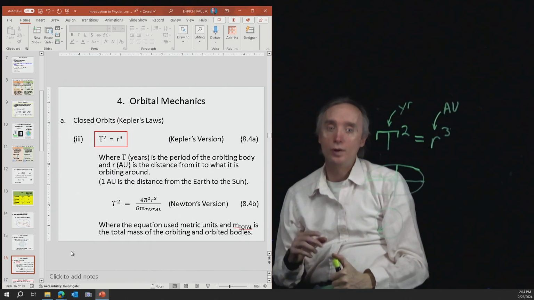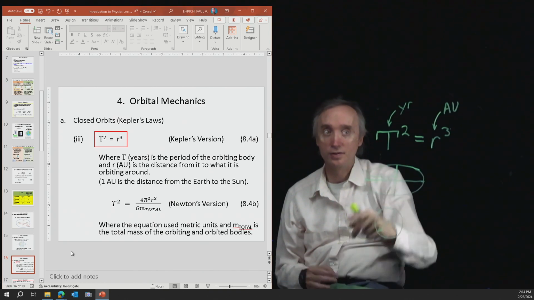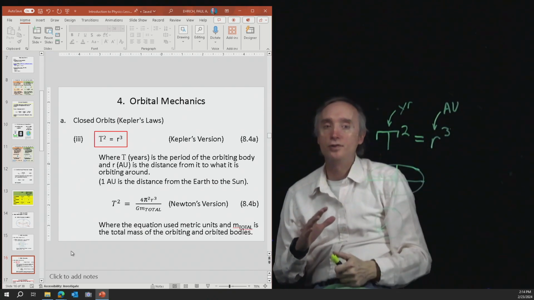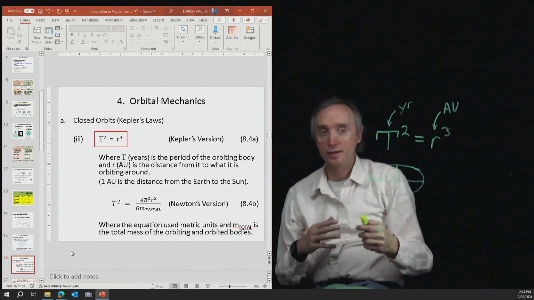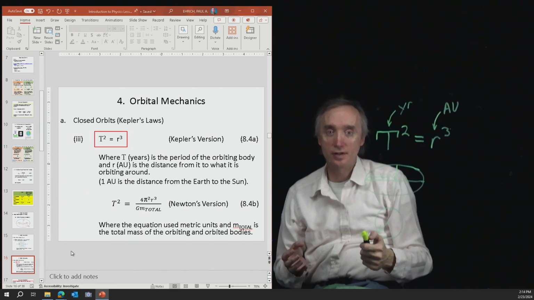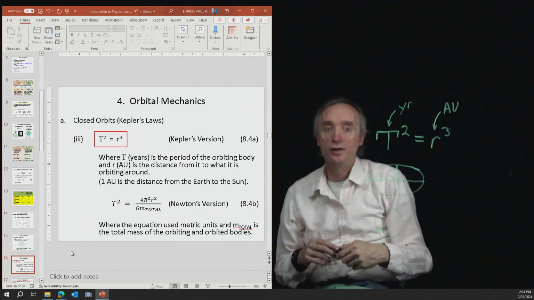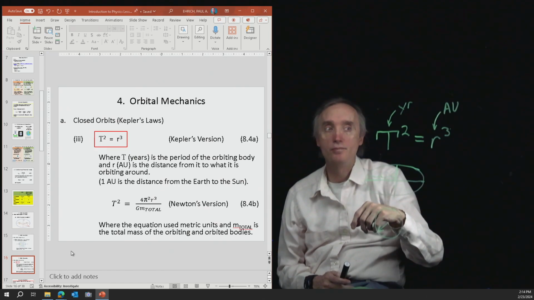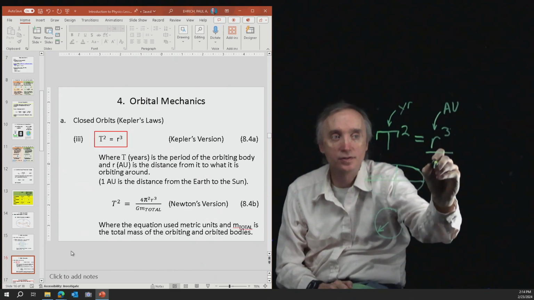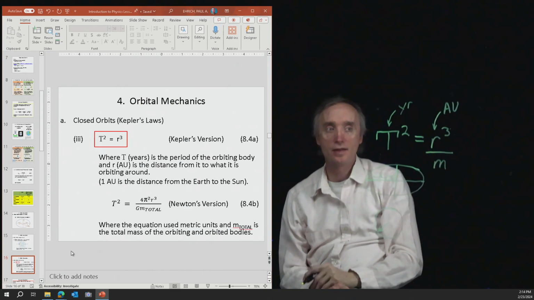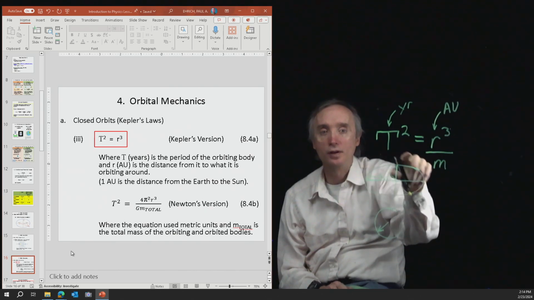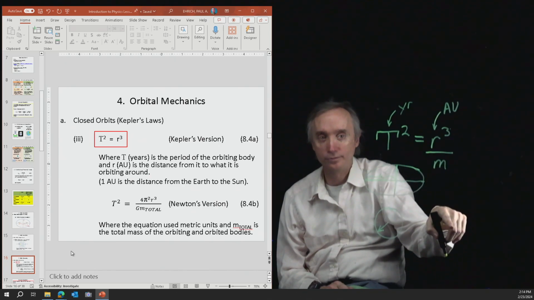Now, that's as far as we need to go with this, being able to use this formula. But I wanted you to know that this formula is incomplete. When Sir Isaac Newton came on the scene, he also showed that it would depend on mass. So we need to divide this by mass, where this m is the mass of the star plus the mass of the planet.